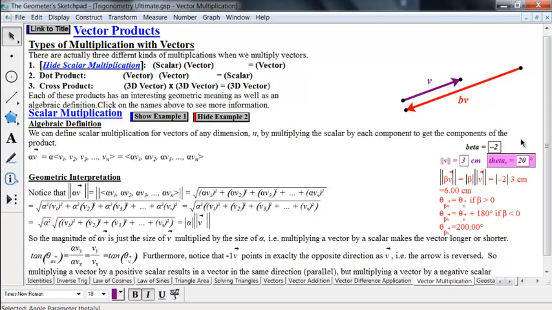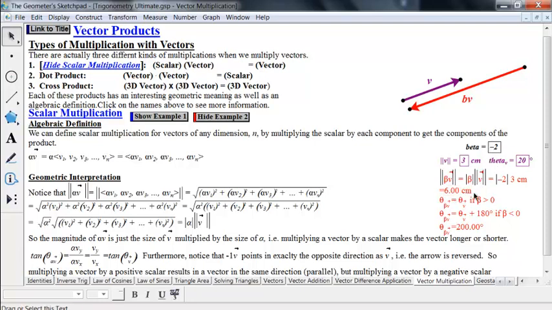So that's the purple vector v. What's the vector beta times v, which is the red vector? Well, its norm will be the absolute value of -2 times 3, so it's 6. Twice as long, but it's going to be in the opposite direction.